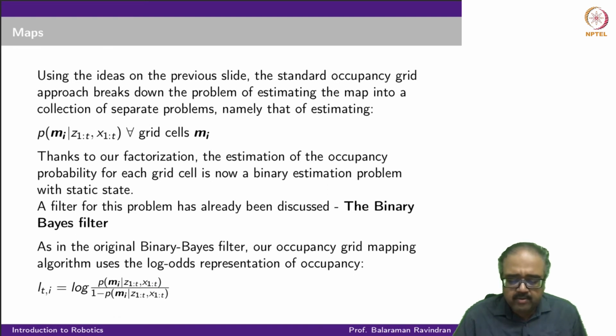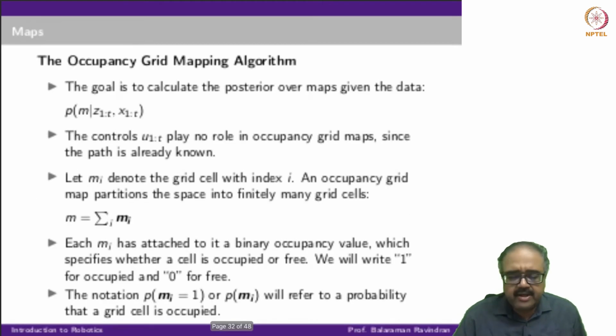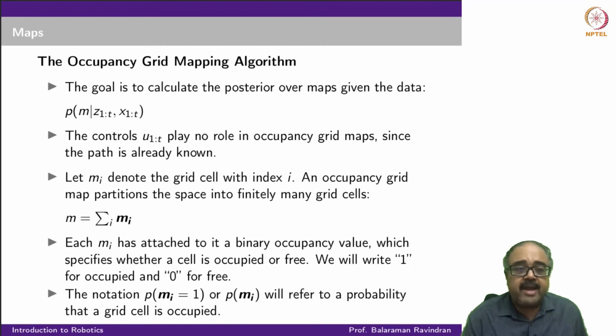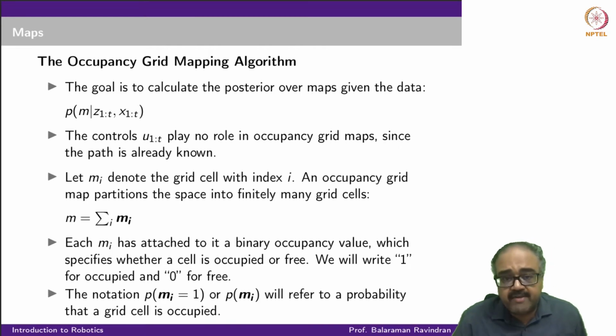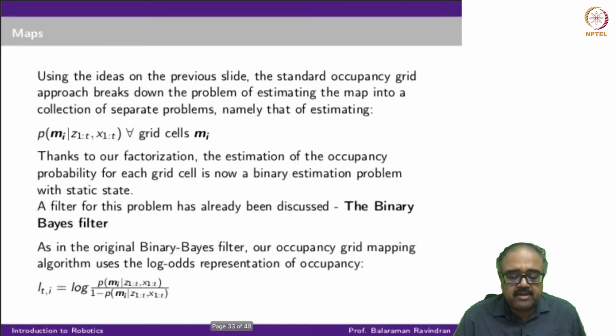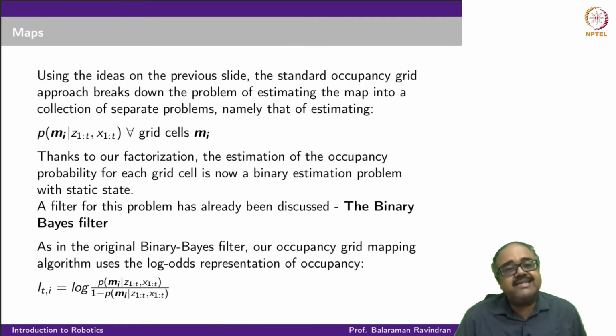And then what we do here is, instead of looking at this probability of m given z_1 to z_t, I'm going to just say, what is the probability of m_i given z_1 to t and x_1 to t, and then look at this for each one of these cells independently. So I'm going to assume that the probability that a cell is occupied does not influence or get influenced by any of the other cells in the state space, right?